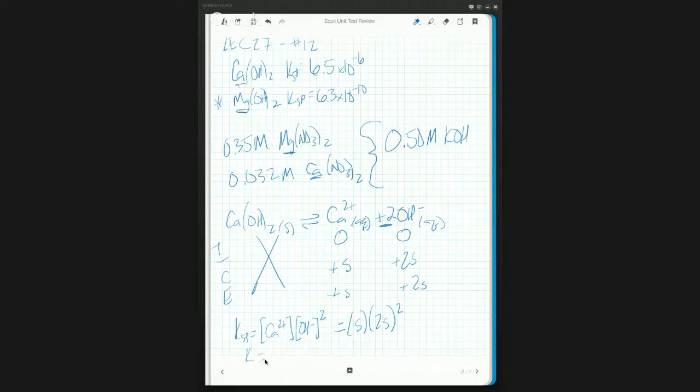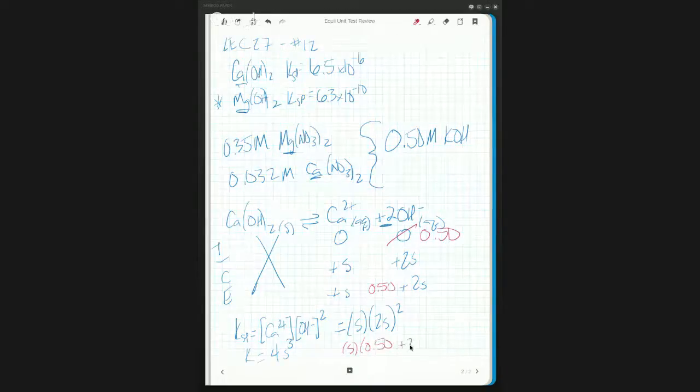So K is equal to 4S cubed. Okay. Now, that's how you do it normally. The difference is that we're dealing with a common ion. The common ion is the 0.5 molar potassium hydroxide. This 0 becomes 0.50. So now it's 0.50 plus 2S.